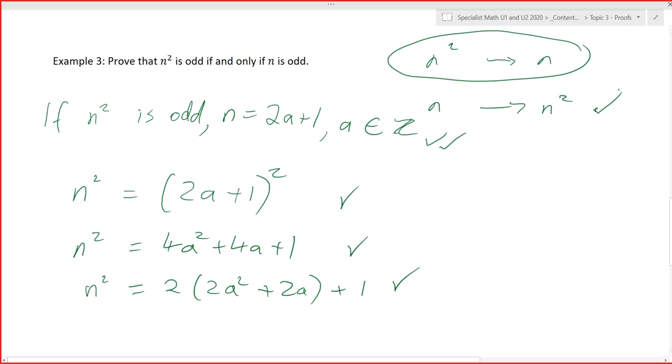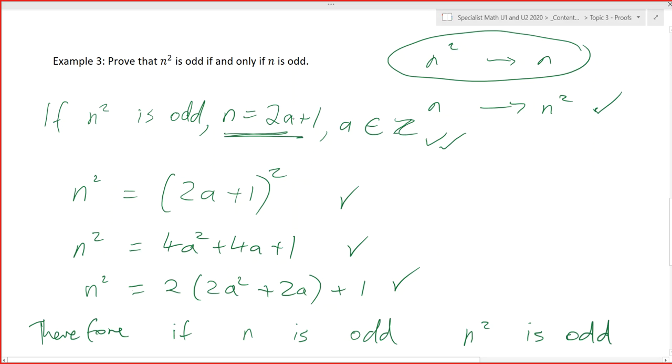So we've done this one. You've got to kind of say that though. It's odd. I hope that makes sense how we got to that. So I stated that n is odd using notation, and then I showed that n squared is odd. So we've done this.